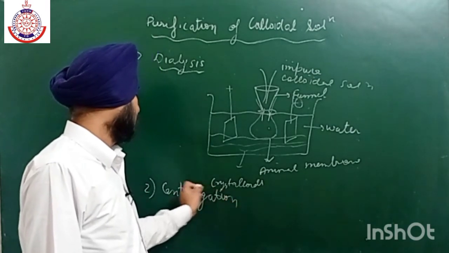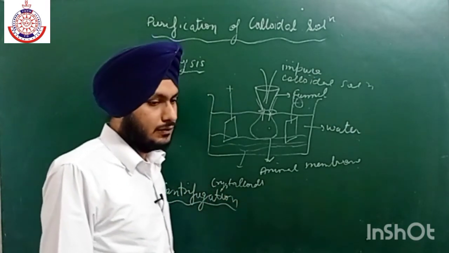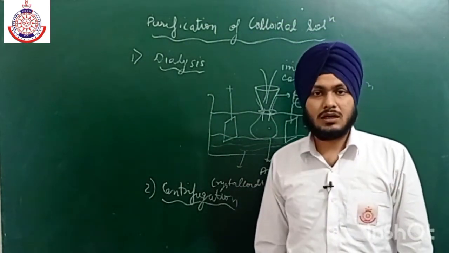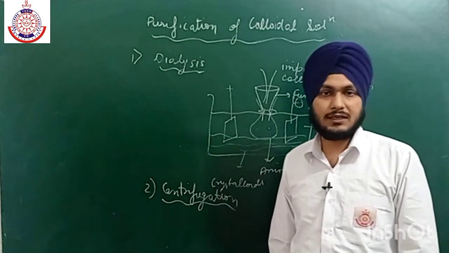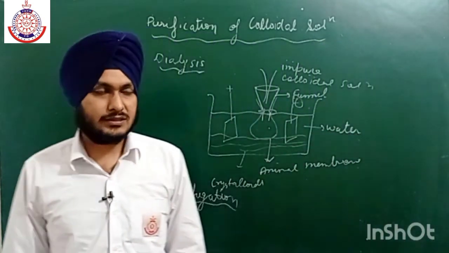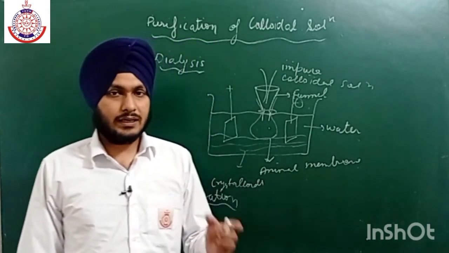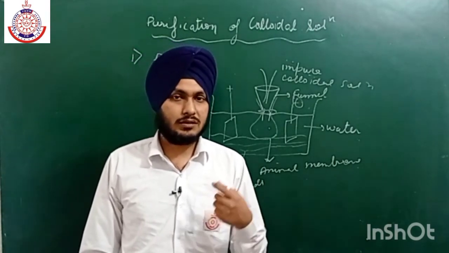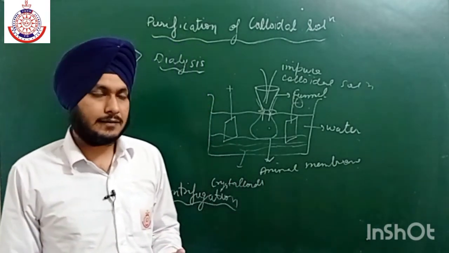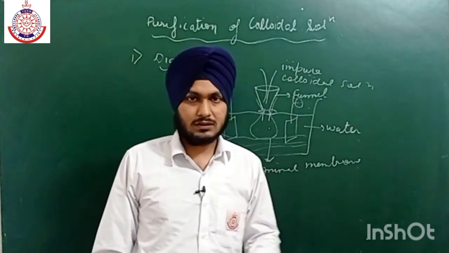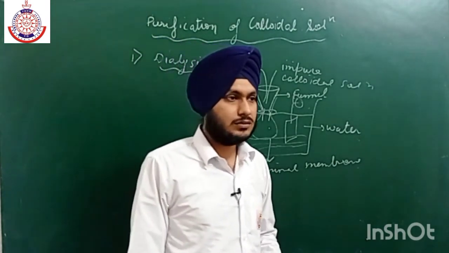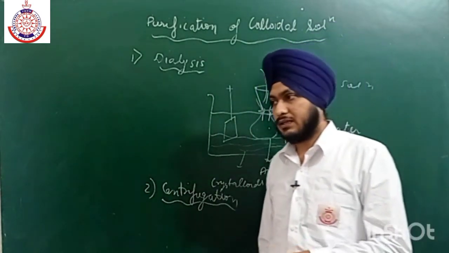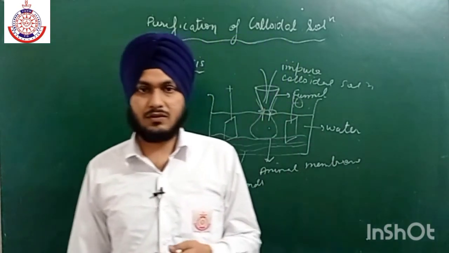In this method we rotate the whole solution in an apparatus known as a centrifuge. तो उसको centrifuge machine भी बोलते हैं, and we take the colloidal solution in a centrifuge machine, and then it rotates at a very high speed, such that the colloidal solution settles down. In this way we can easily separate colloidal solution from crystalloids.